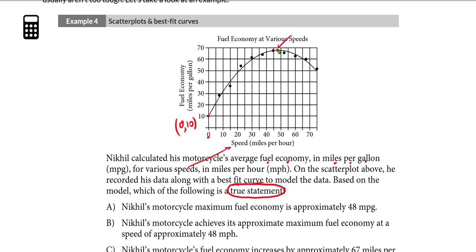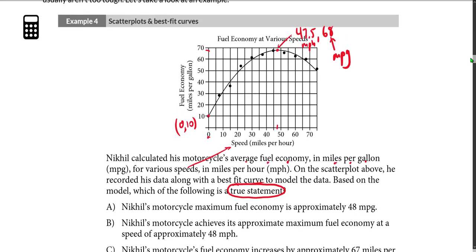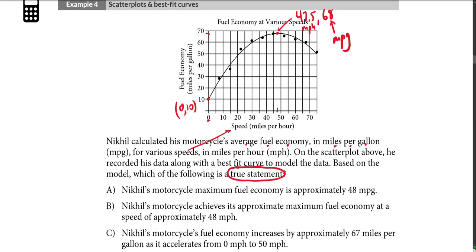Maybe (47.5, 68). So it seems his maximum MPG occurs at a speed of 47.5 miles per hour. So again, there is a little bit of legwork we could do before we look at the answers, but in terms of a question like this, probably best just to go one at a time through the answers and see which one actually is supported by the curve.